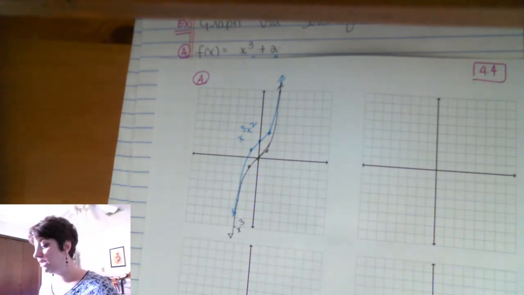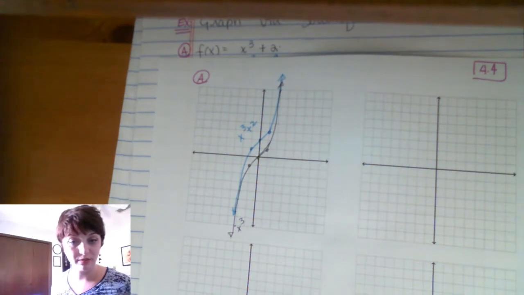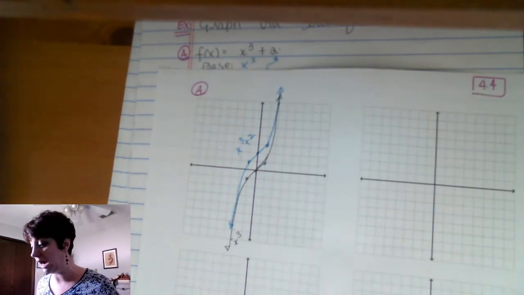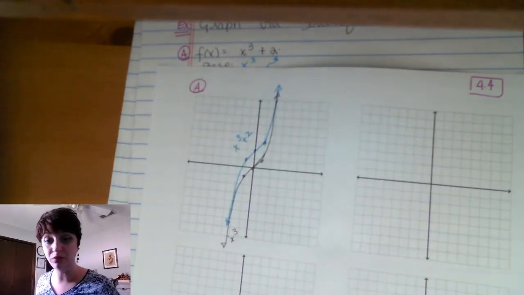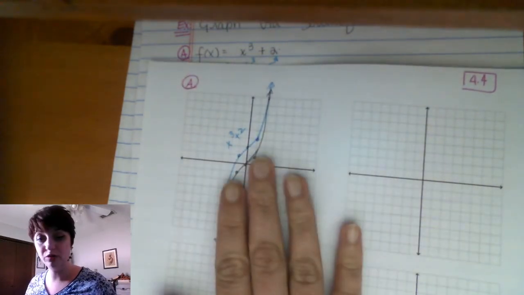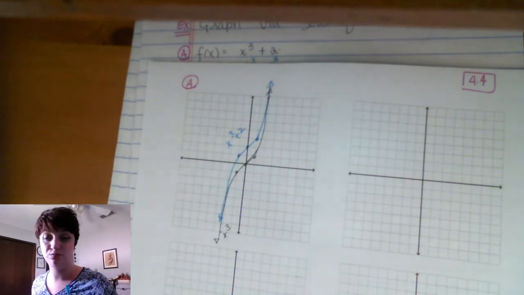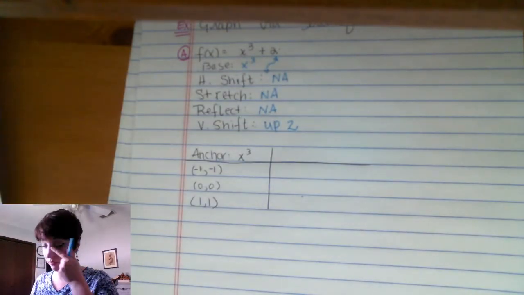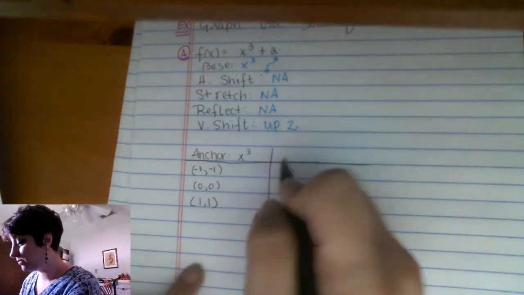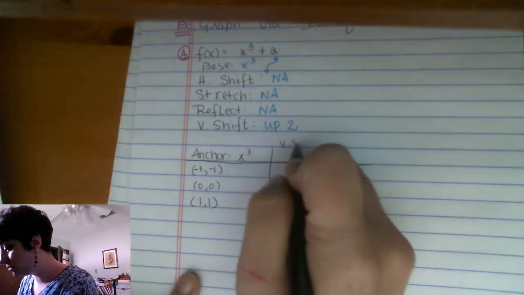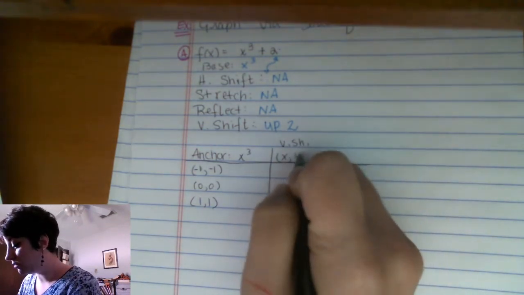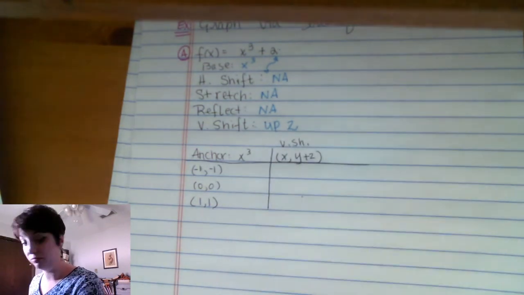Now one way that you can think about this, and some students like doing this, I actually kind of like doing both. From the graph, you're physically picking up each point and moving it up 2. We also know, and I wrote this in the summary, that for a vertical shift, x stays the same, y adds 2, right?